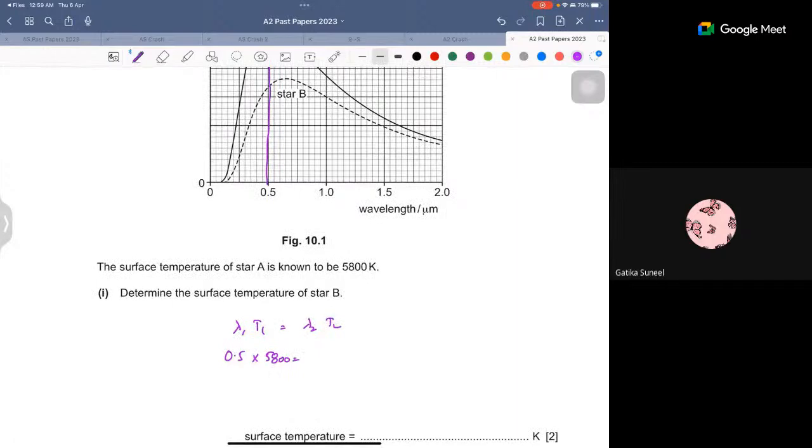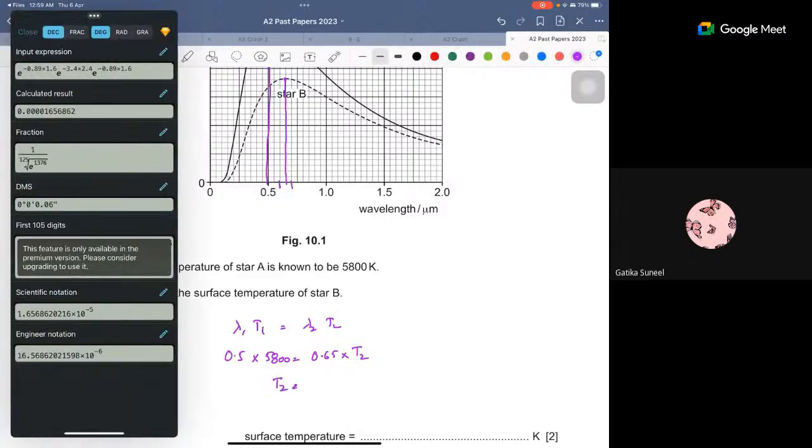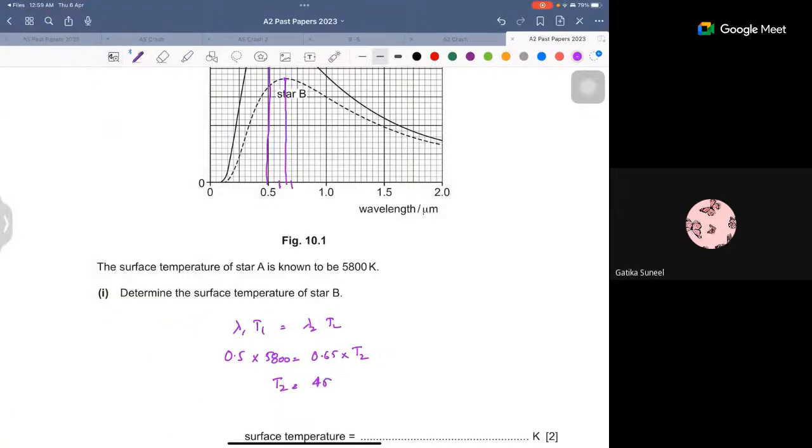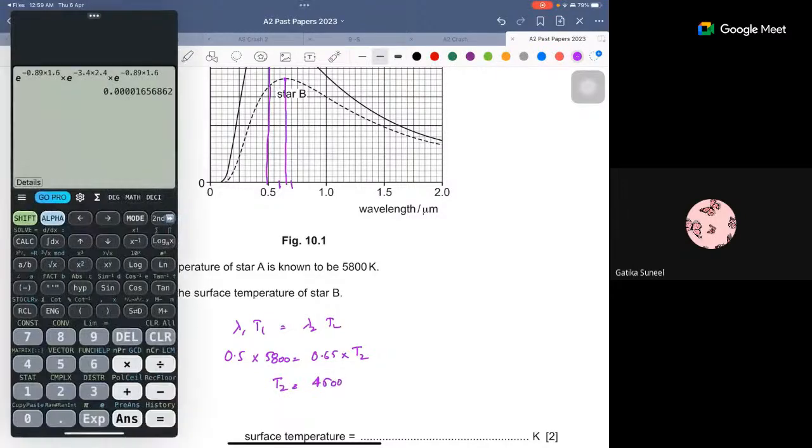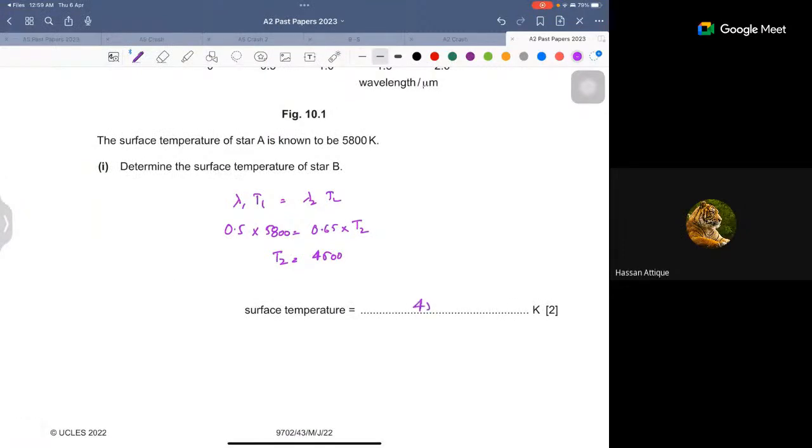The other peak is here, 0.5, 0.6, 0.7, 0.65. What did you get? Around 4,500. Is that the correct answer? Yes, sir. Okay, 4,500. Pretty good.